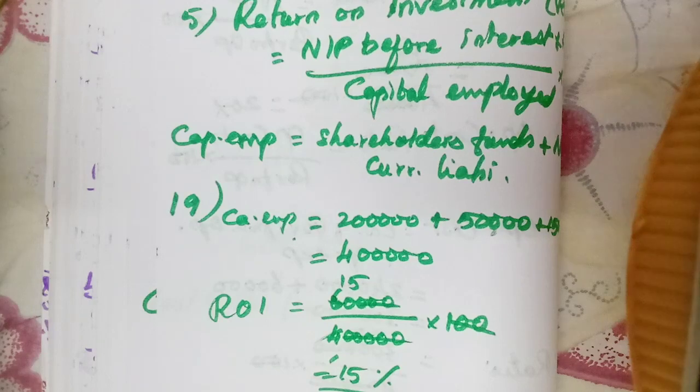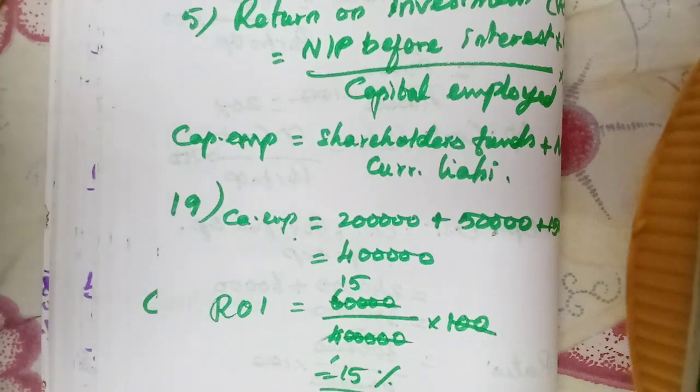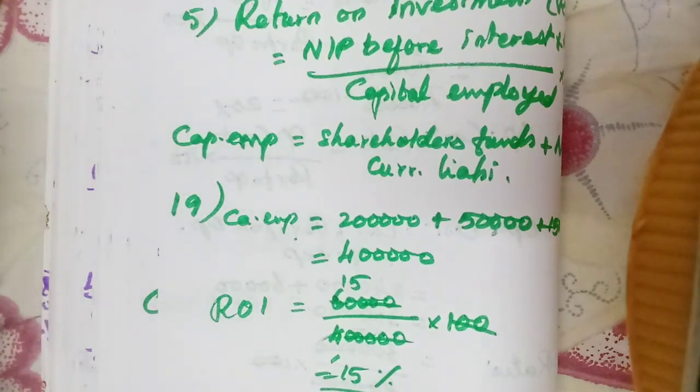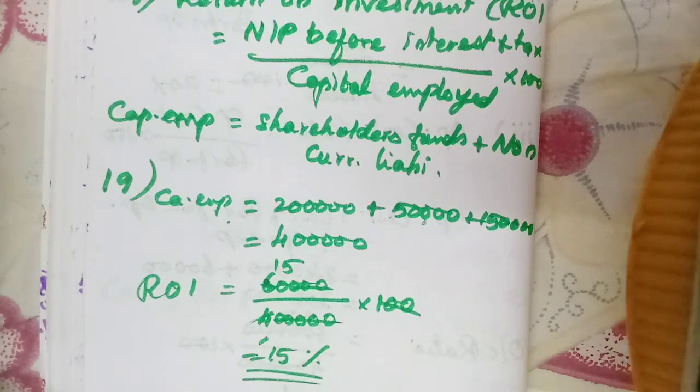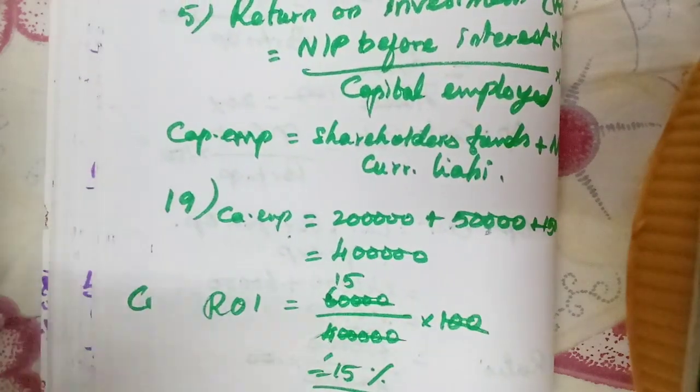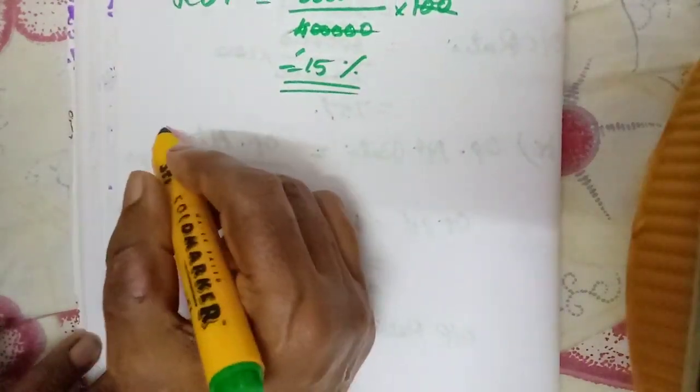Then state any two limitations of ratio analysis. That is advantages and disadvantages. I will explain that one first. So what are the advantages of ratio analysis?